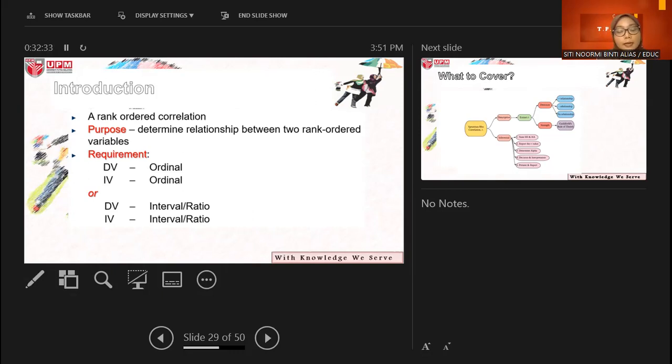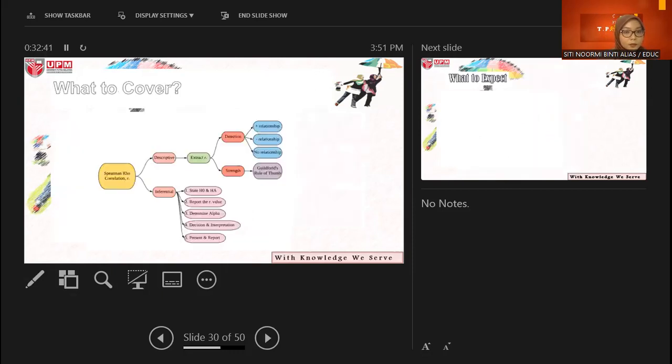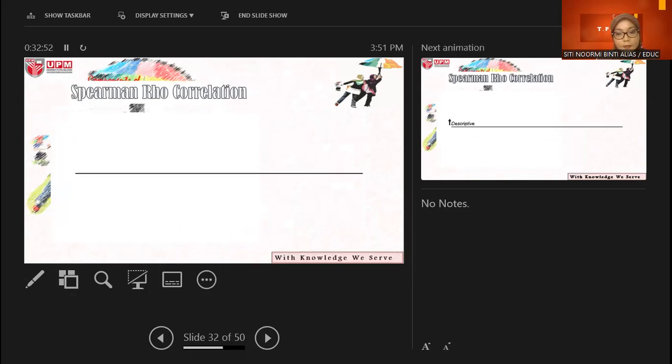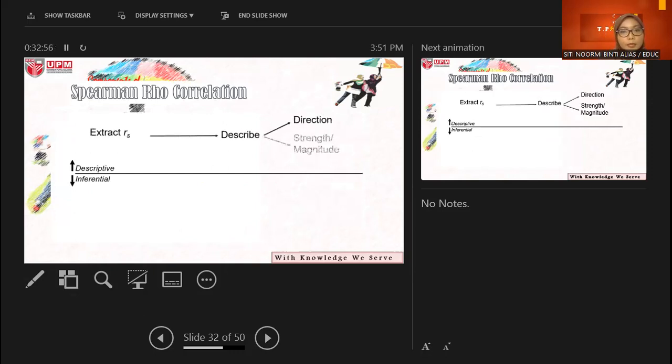As an alternative, you can consider to use the Spearman rank order correlation. In terms of coverage, it is similar with Pearson product moment correlation. Sama. Exactly similar, just the requirement is different.